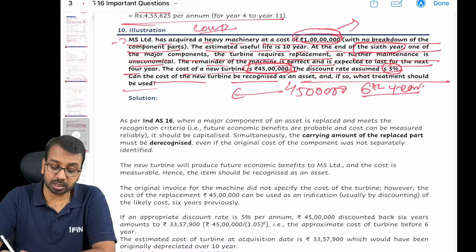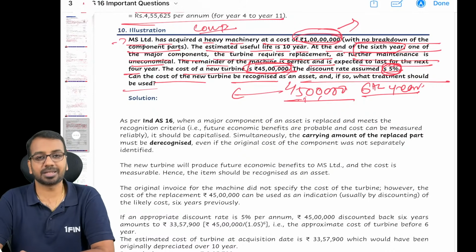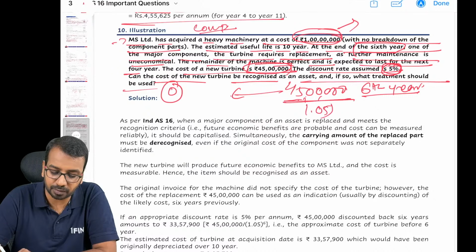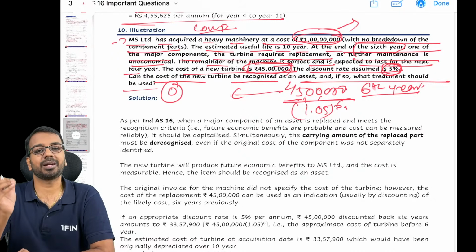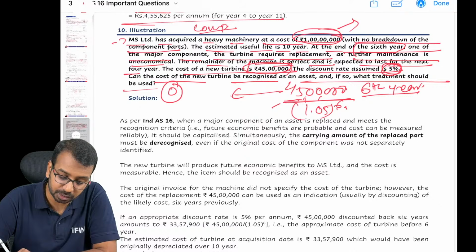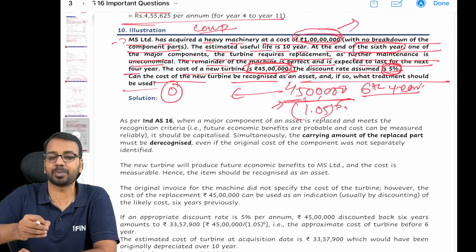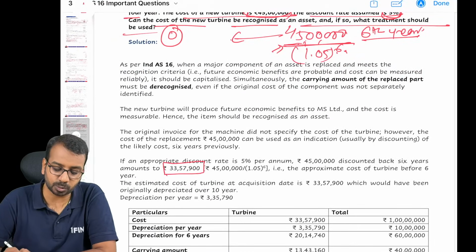If the 6th year cost is 45 lakhs and 5% is the discount rate, what would have been the value at year 0? Simple, 45 lakhs divided by 1.05 to the power of 6. This will give me the approximate value of the turbine at the beginning of year 0, or when we purchased the asset. So that number is 33 lakhs 57,900.